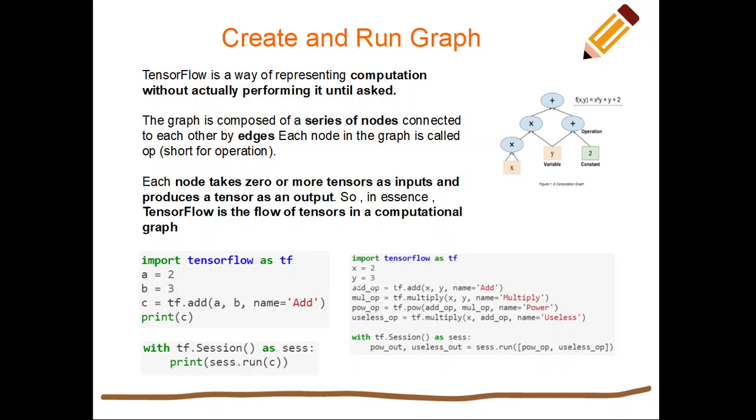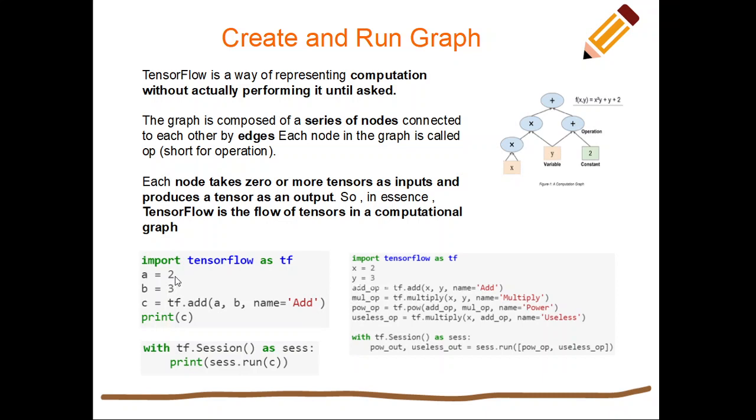Okay, now how does it look in terms of the code if you have to do this whole thing? So what we are doing in this particular code is we are declaring two Python variables, and then we are basically having one TensorFlow operation here, and we are giving these two inputs here, a and b, and we are naming this operation of add as add here, and this produces another tensor which is called c, and we are printing the c.